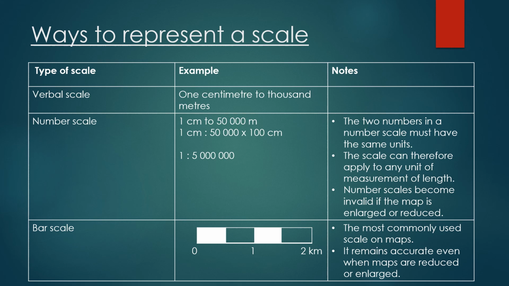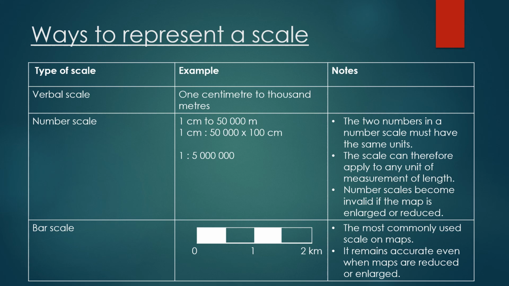We must convert the 50,000 meters to centimeters by multiplying 50,000 meters by 100. Then we can represent it as 1 is to 5 million centimeters. Now we can represent it properly as a number scale.